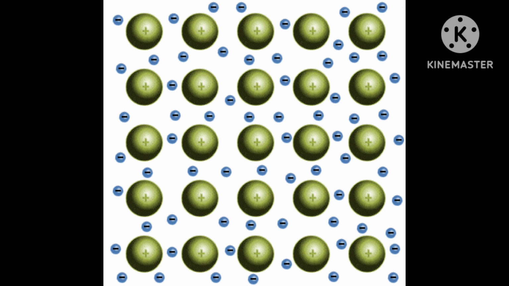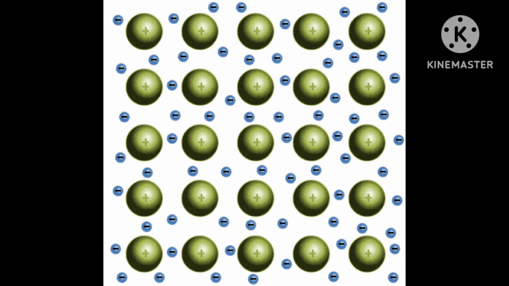But if they are in a molten state or liquid state, then they are free to move. That time they will conduct electricity. So in solid state ionic solids are non-conductor or insulator, but in melting condition or in solution form they can conduct electricity.